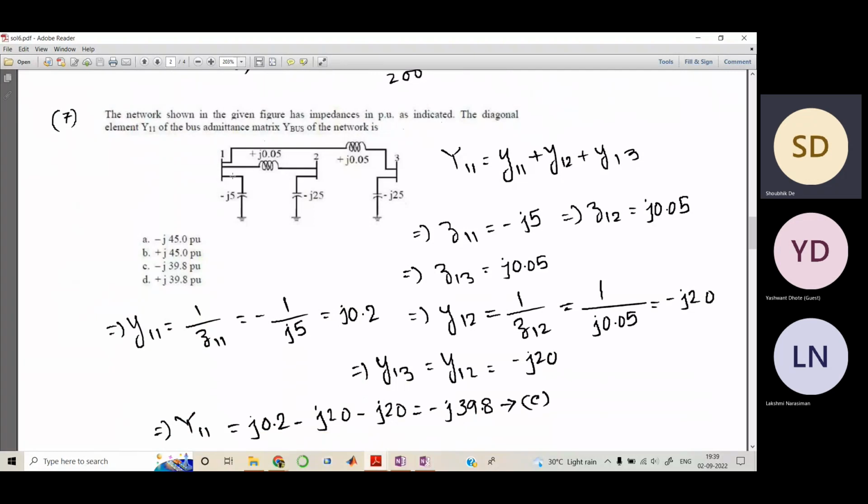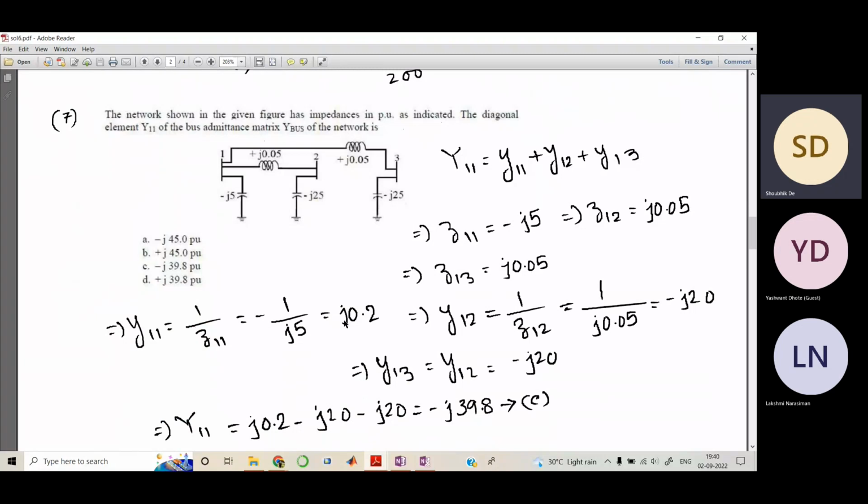So Y11 would be what? Small y11 corresponds to this, then your y12 and also your y13, right? So your z11 is minus j5. Then z12 is j0.05, and z13 is j0.05.